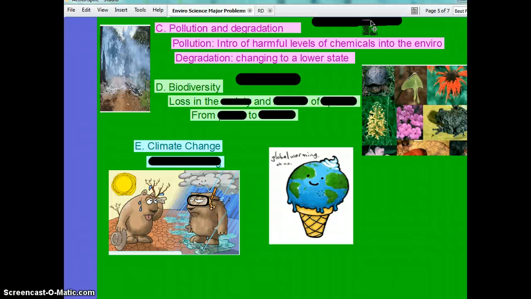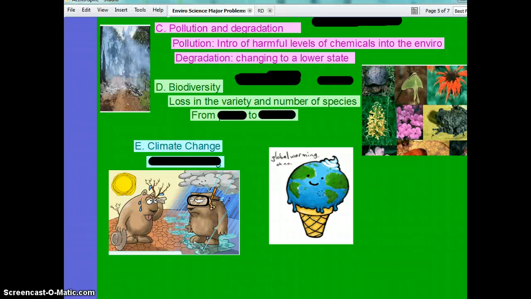Now, biodiversity. What does biodiversity mean? We're obviously losing it because that's what we're defining, but what's the root word bio mean? Life. And diversity? Different and quantity. So you're going to have loss of variety and number of species. What else can be lost in diversity?